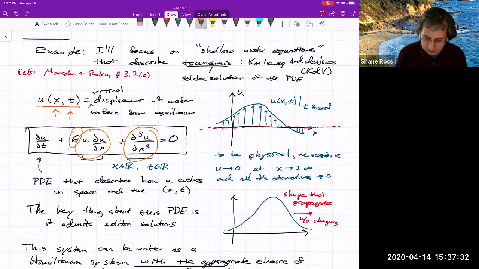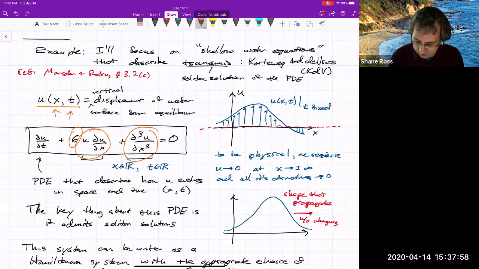One of the key things about this PDE is that it admits nonlinear, non-perturbative Soliton solutions. These are shapes or waves that propagate without changing. So they don't just naturally flatten out as they move along the way waves typically do. They can propagate without, in some sense, losing strength, losing energy.